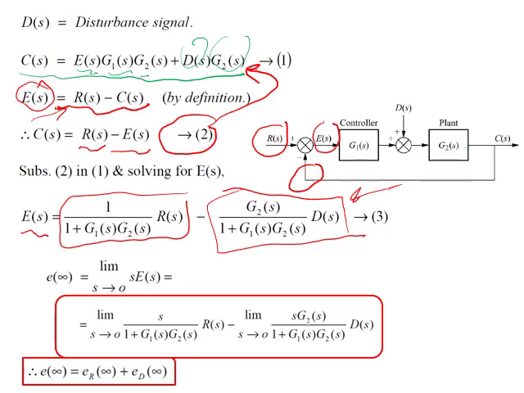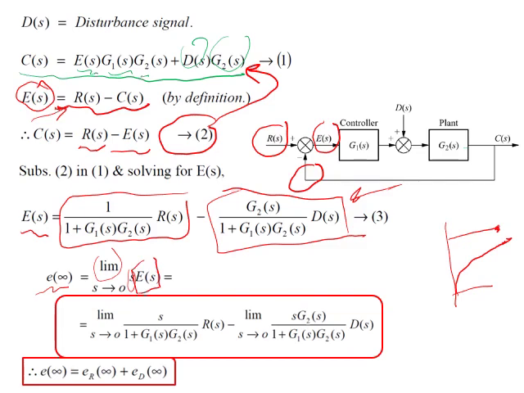And we agreed on something: to get the response, it's better to go to infinity, because only at infinity can we figure out the distance between the input and the output. That's why we apply the final value theorem, where we take the limit of s multiplied by the function.